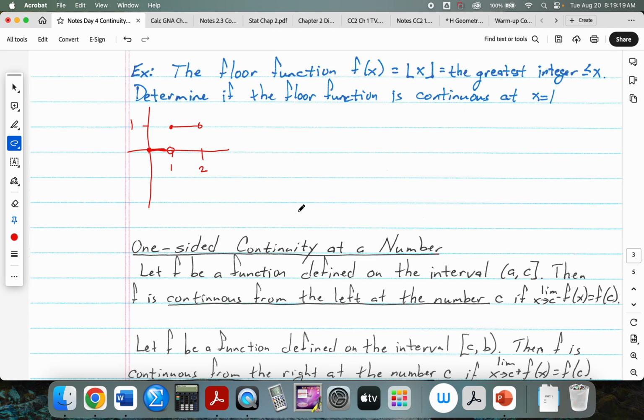So is the floor function continuous at x equals 1? No. f of 1 is equal to 1. Again, I always start with the function. But what about the limit as x approaches 1 of f of x?